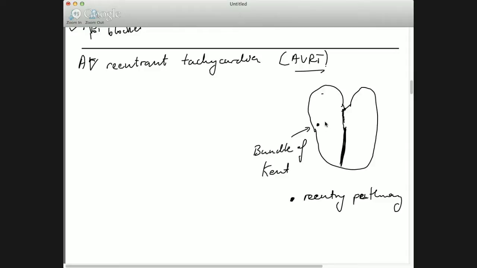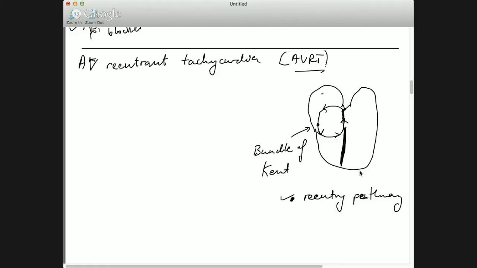Because of this re-entry pathway, you could have an action potential going directly from your atria to your ventricles over here, moving up through your AV node, and then back into your bundle of Kent. So this is a potential pathway. So we've fulfilled our first criteria.